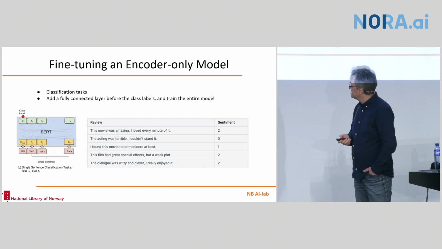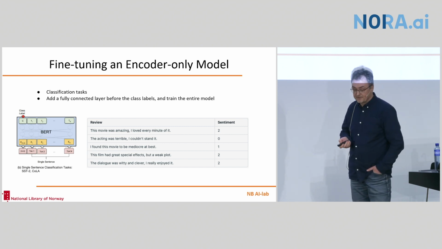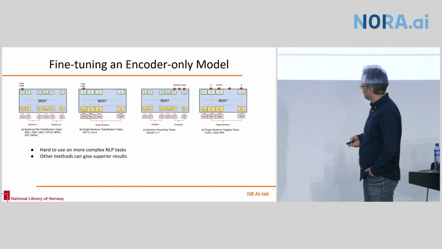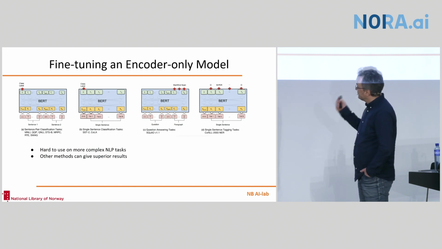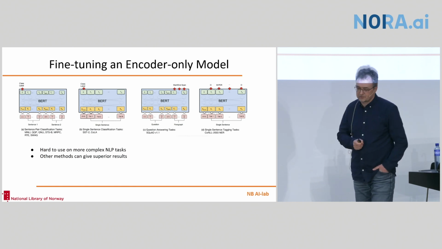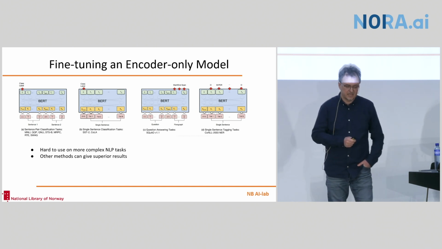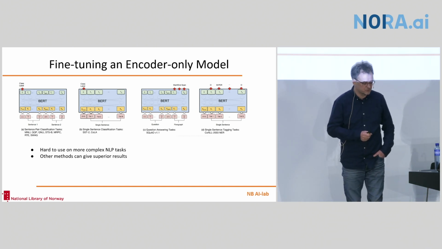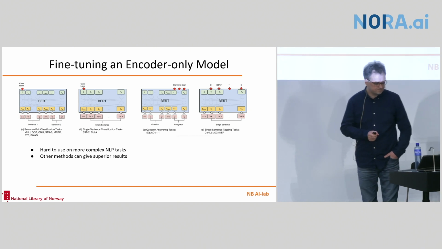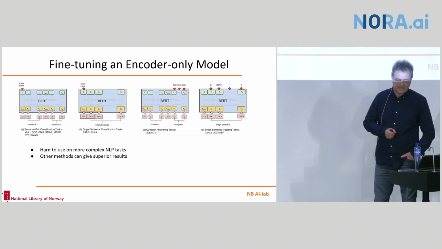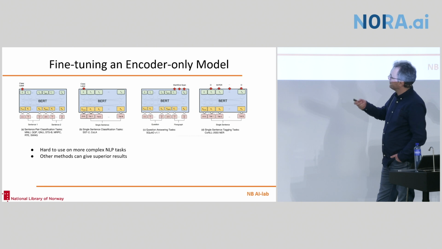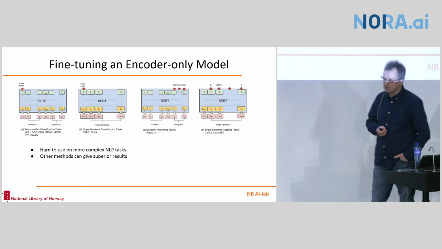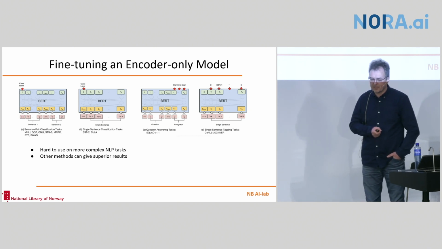When this was released in 2018, it was definitively state-of-the-art. You can also train it for other tasks, like token classification or question answering to some degree. But for a lot of the NLP tasks, it actually becomes kind of complicated to train.